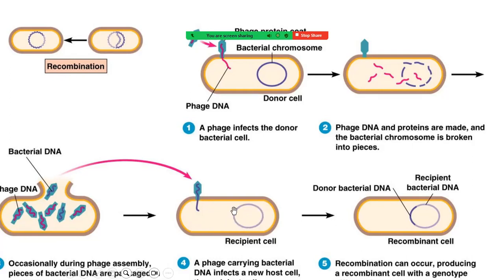And this cell's phenotype can change, by the genes it gets from the other cell. You can imagine if this cell was antibiotic resistant and this cell was antibiotic sensitive, this cell could get from this DNA the gene for antibiotic resistance. Any question about any of that?